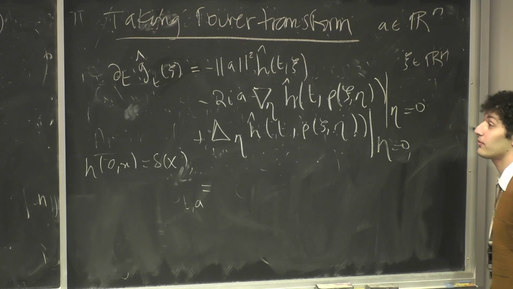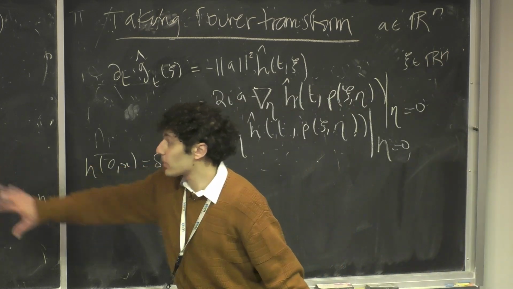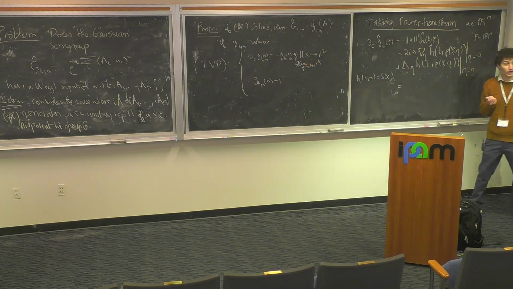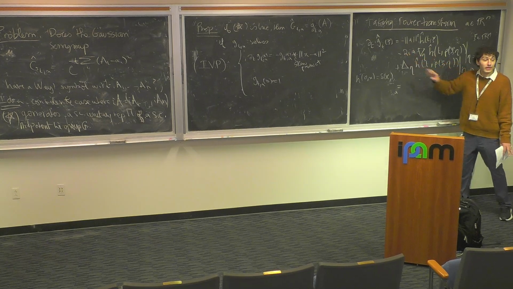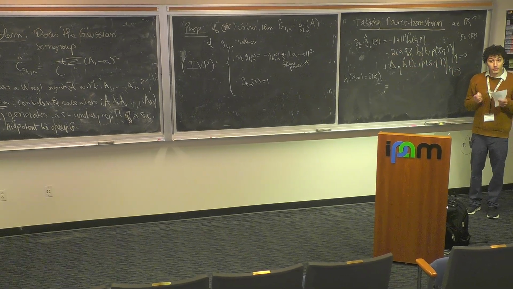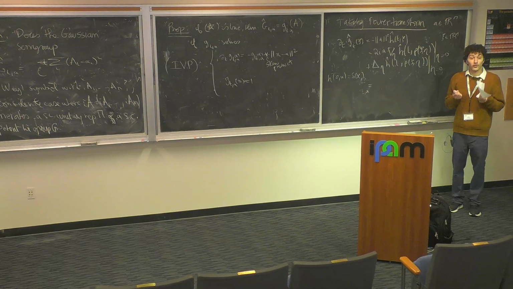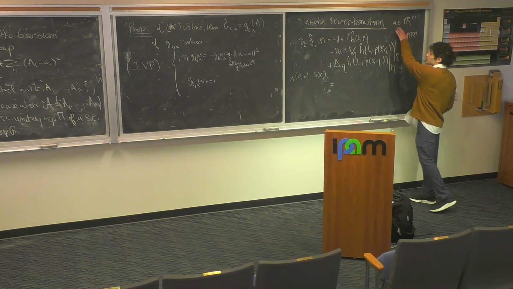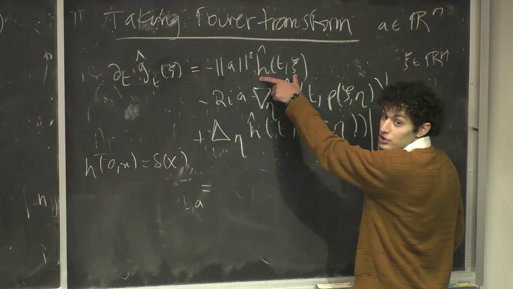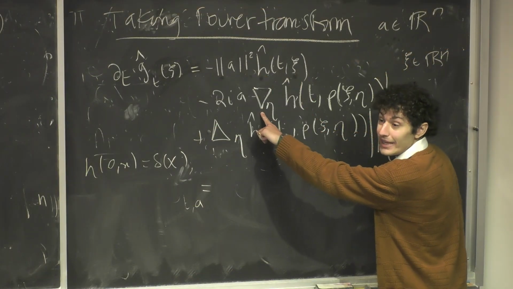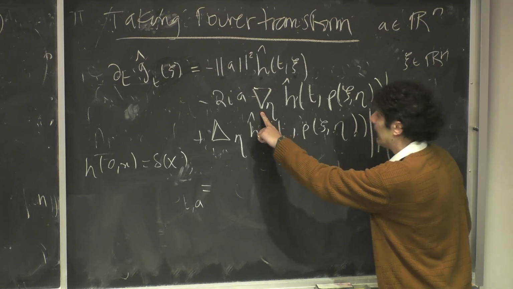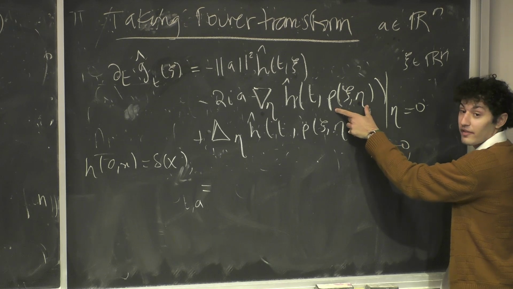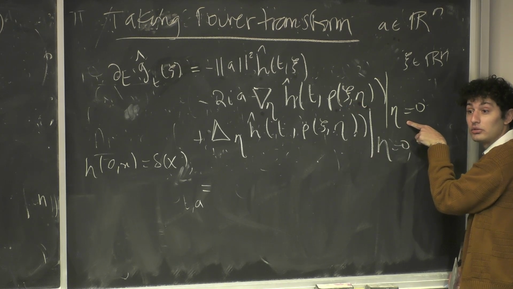So it turns out that if you take the Fourier transform of this problem, by using this explicit expression that I introduced for this star product, I can rewrite it in terms of a linear second-order PDE with polynomial coefficients on R^n. And what's happening in these expressions is that a is just a number, so I have just a copy of my function, and then one gradient in eta, where eta is the second vector in this polynomial fed to the argument of h, evaluated at eta equals 0.